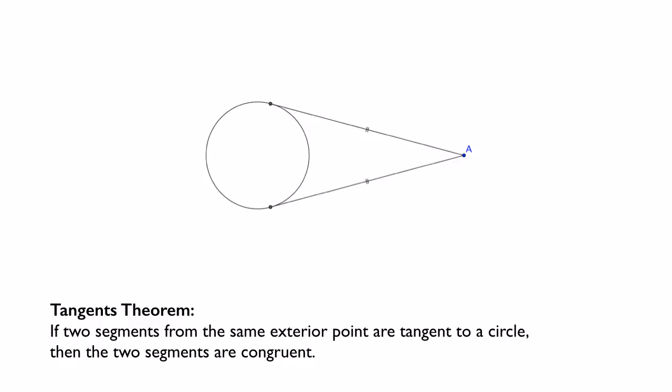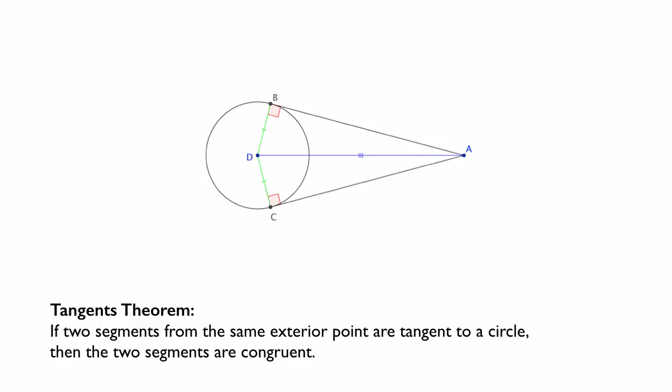This is actually a pretty easy theorem to prove. All you have to do is, let's say, draw in the radii that connect to the points of tangency. Remember, tangents and radii are always perpendicular. And then if you draw the segment between the center of the circle and point A. Let's name the rest of those.